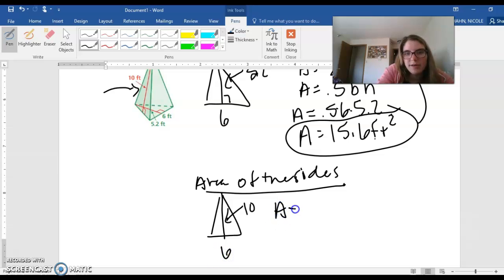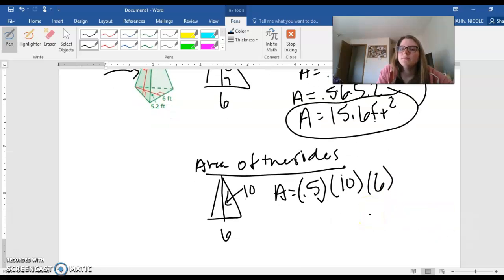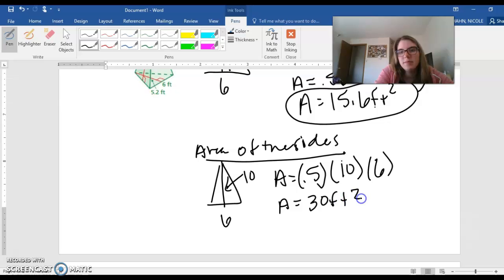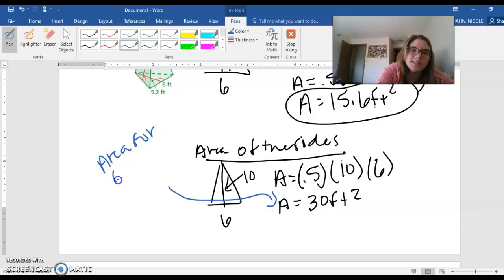So I'm going to have area equals, again, it's a triangle, so 0.5 times 10 times 6. When I multiply those, I'm going to get the area equals 30 feet squared. So this right here is the area for one side.